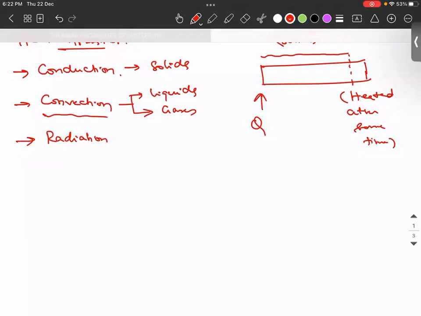Okay, next is convection. What is convection? Heat transfer that takes place in liquids and gases with the actual movement of particles.